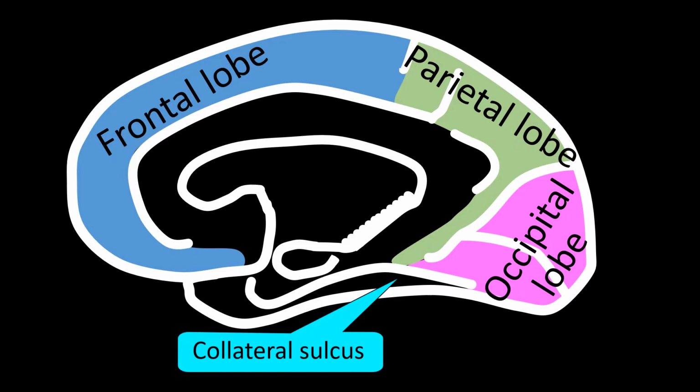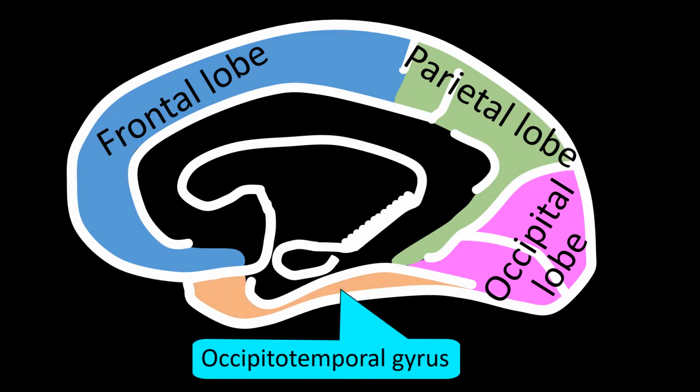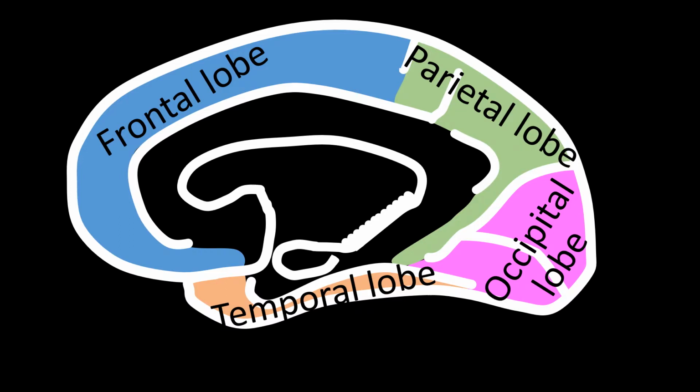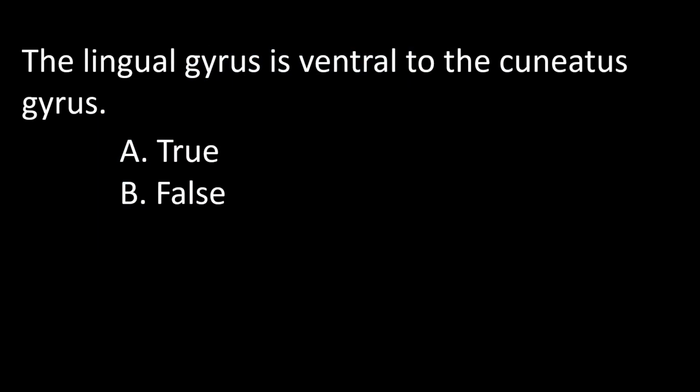Anterior and inferior to the lingual gyrus, we find the collateral sulcus, which also serves as the superior boundary of the occipito-temporal gyrus. The occipito-temporal gyrus is called so because part of it extends in the occipital lobe and part of it extends in the temporal lobe. So the answer to this question is true.